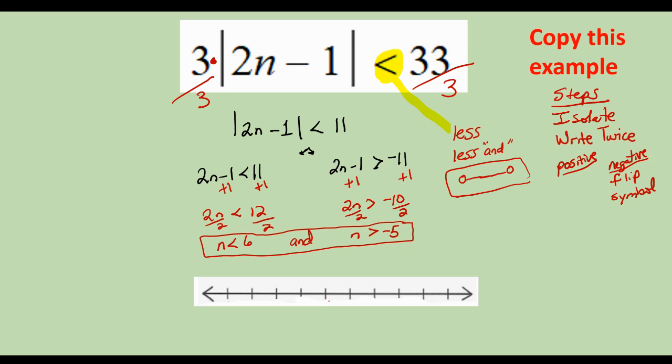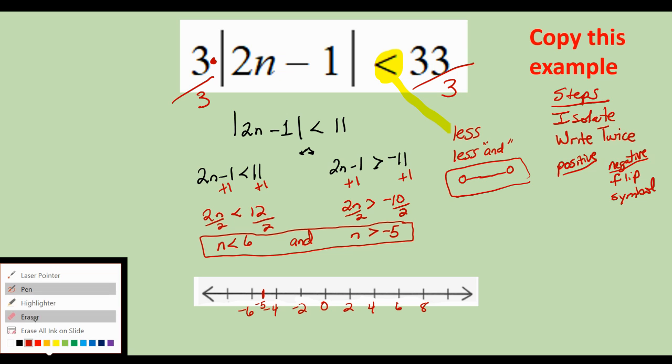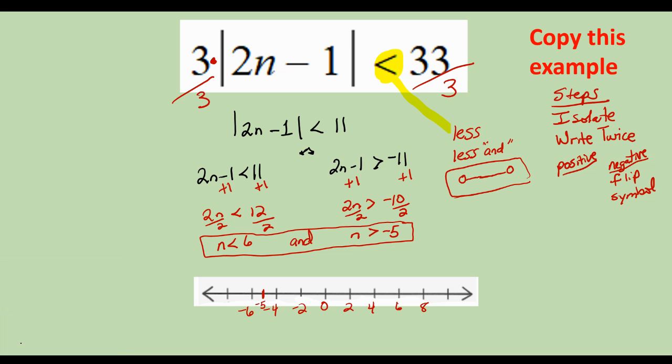Okay, so let's count by 2s on this one. So 0, 2, 4, 6, 8, 0, -2, -4, -6. We're going to need right here the -5 in there. Okay, let's do this graph first.